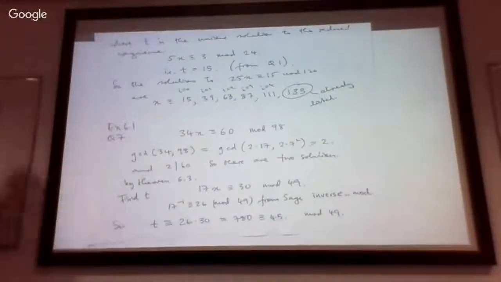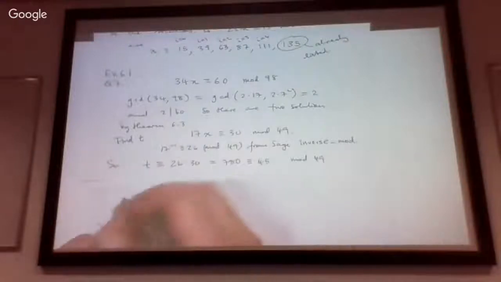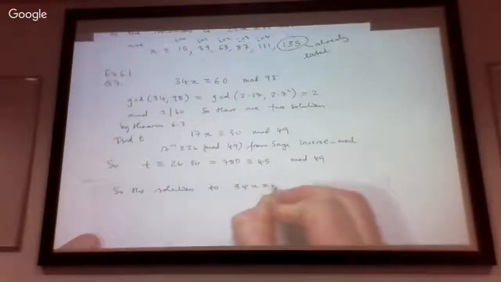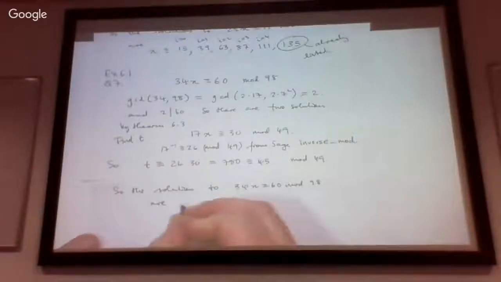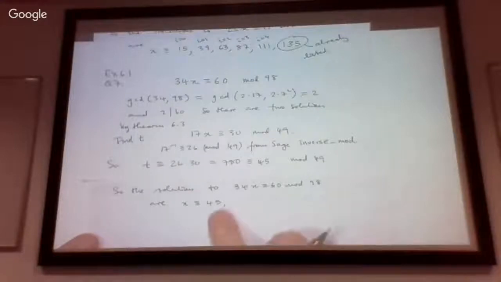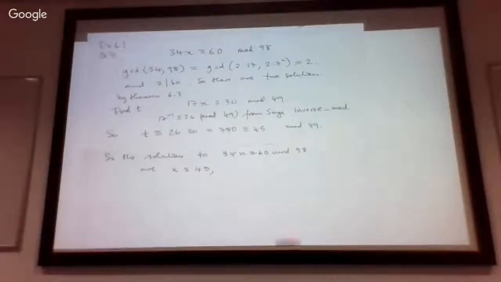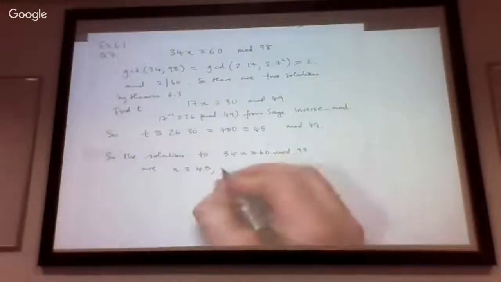So the solutions to 34x congruent to 60 mod 98 are any x congruent to 45 or 45 plus 49, which is 94.